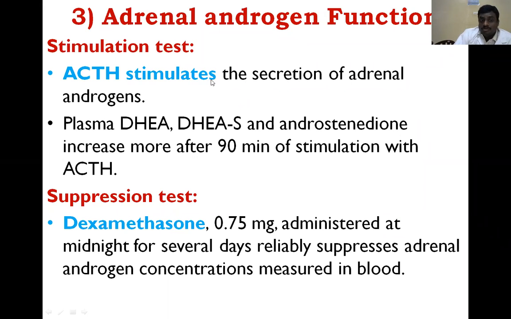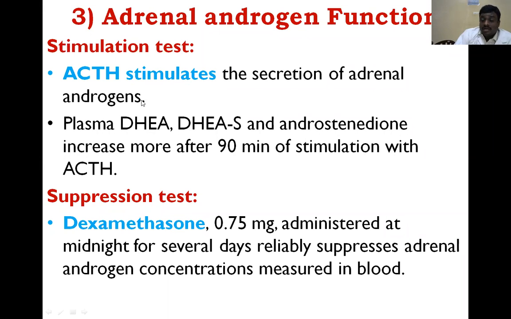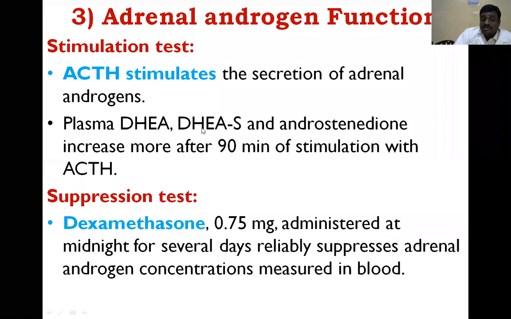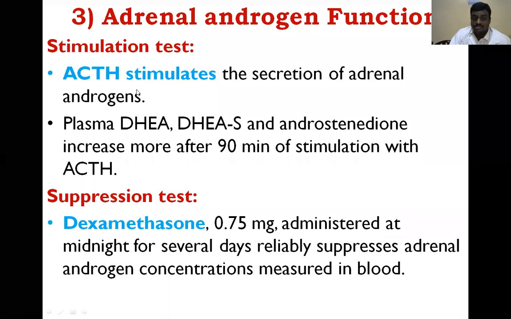Whenever adrenal androgens are stimulated, adrenal androgen hormones are produced. What are those? Dehydroepiandrosterone and sulfated dehydroepiandrosterone. These two are adrenal androgens.